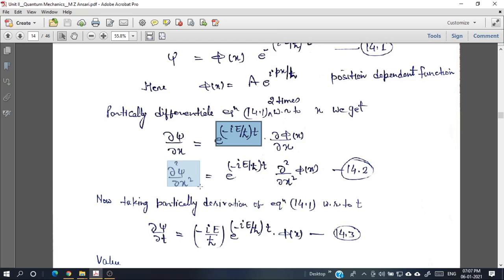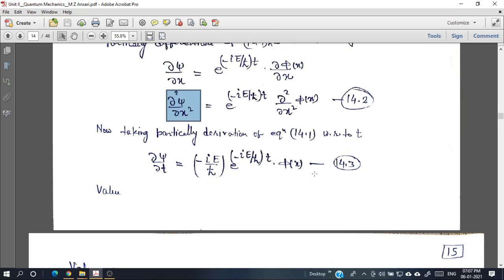Again we differentiate, same as we did in the time dependent form. So the double derivative is del 2 psi upon del x square equals e to the power minus i E t upon h cross into del 2 phi(x) upon del x square.